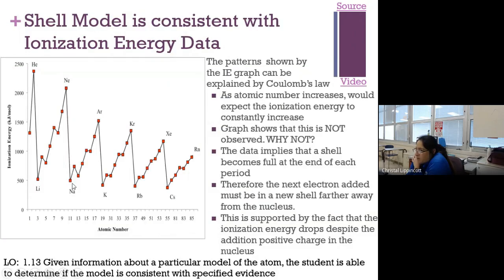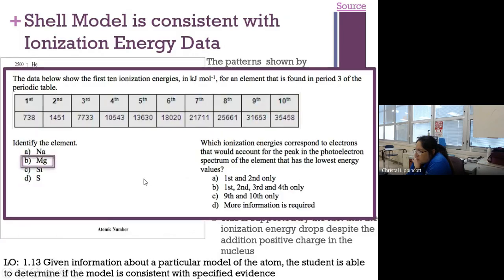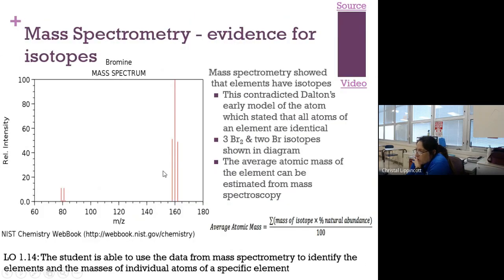So they're talking about these, which one of these would correspond to these low values here? As the lowest values. Would it be the first electron, the second electron, this first 4? Would it just be these last 2? Yes, correct. A is correct. Good job.